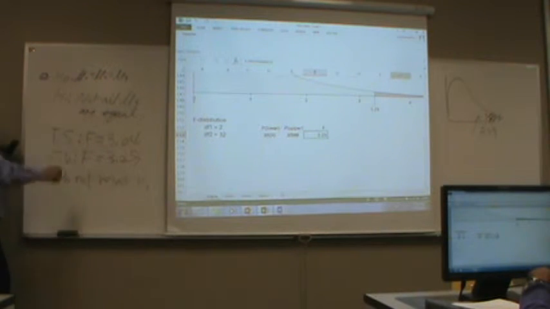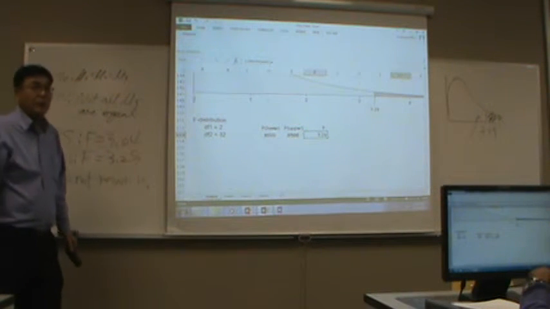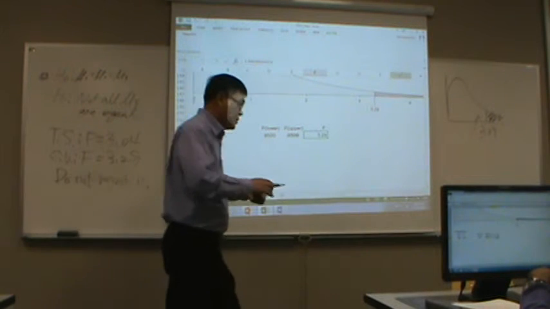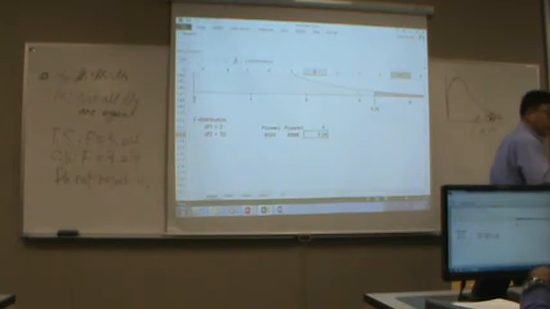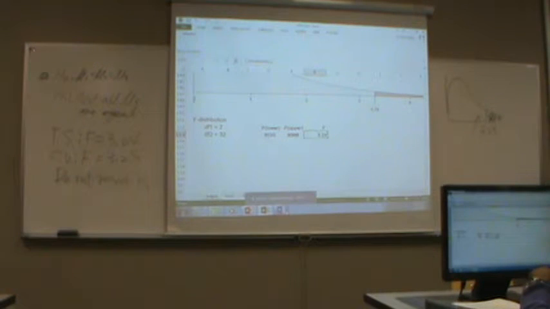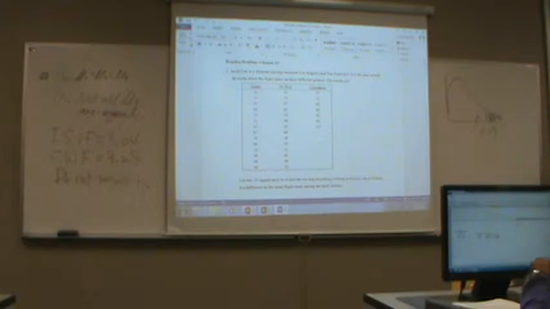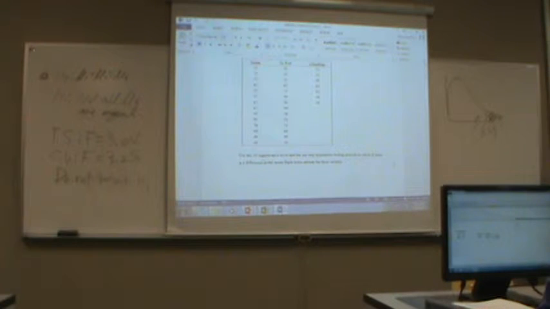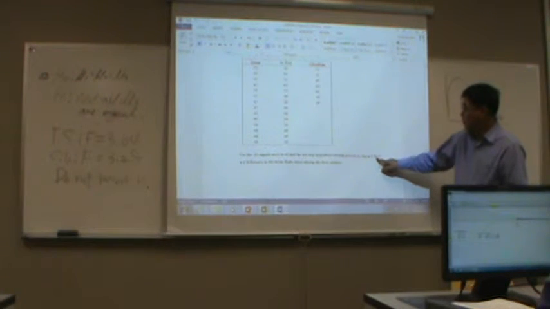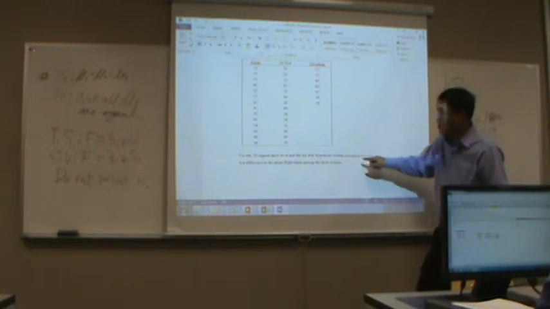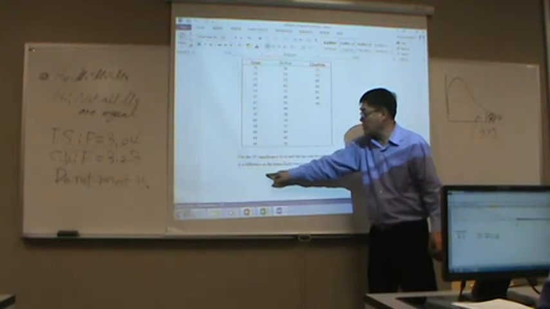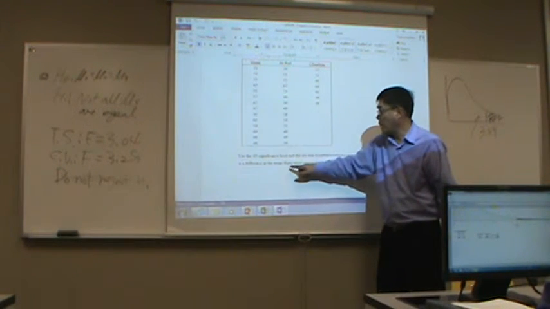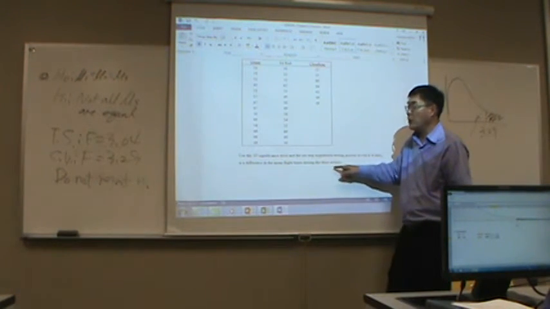Okay, conclusion. H0 is true, so there's no evidence, because there is no difference, or the means are equal. So we can repeat: there is no evidence that there is a difference in the mean flight times among the three airlines.